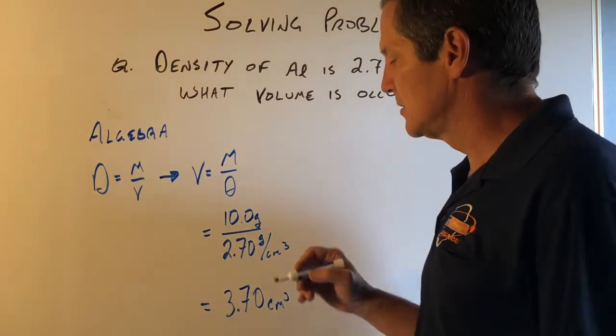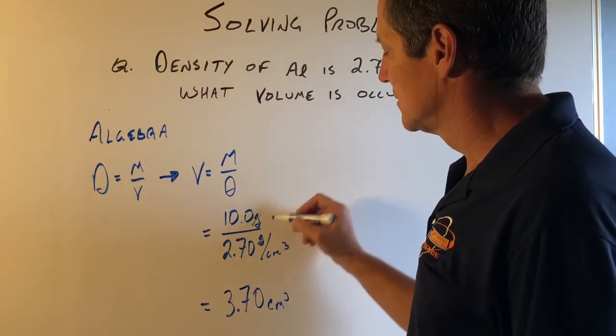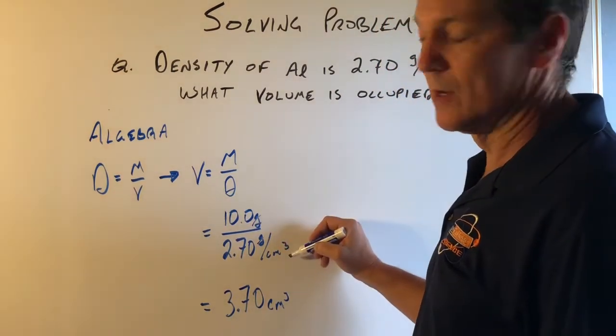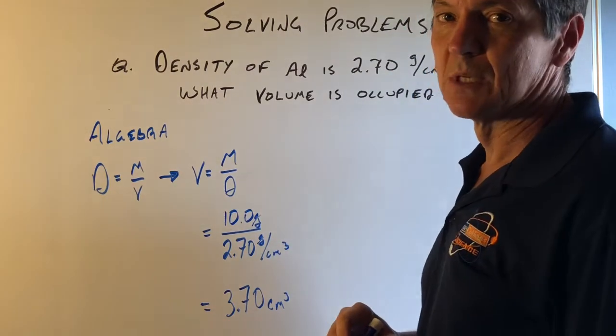And we should pay attention to the units here. Grams cancel. I have 1 over cubic centimeters, which gives me cubic centimeters.